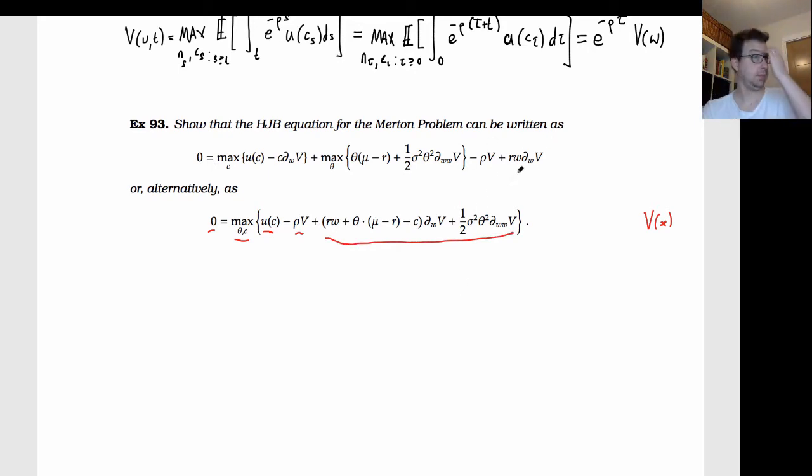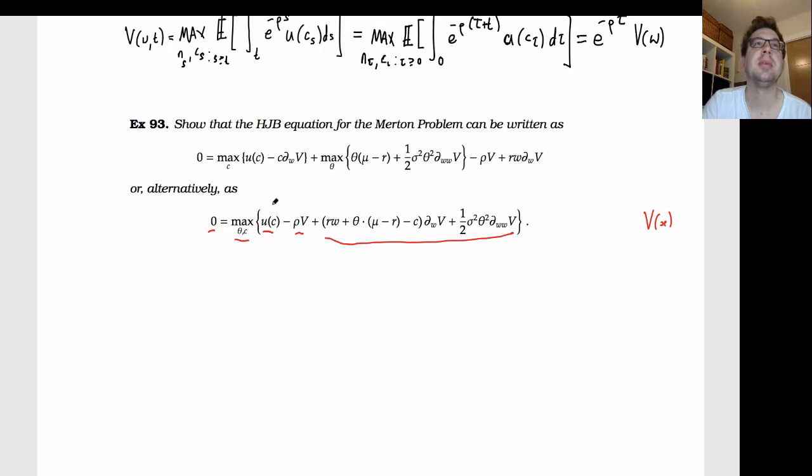Then I've said that I can write this out in a slightly simplified form up here, where I separate out the maximization over consumption and the maximization involved in our investment. You can see that's true from this expression.